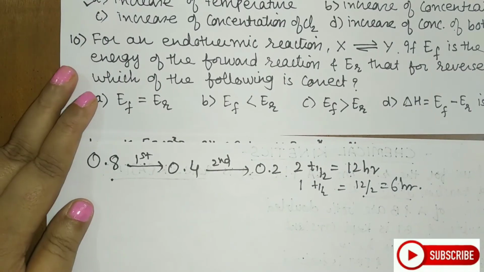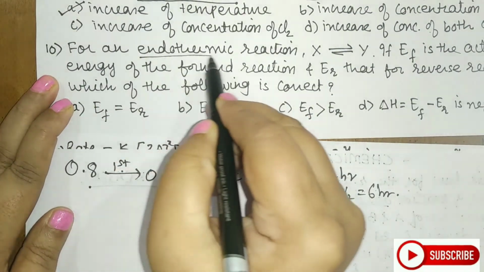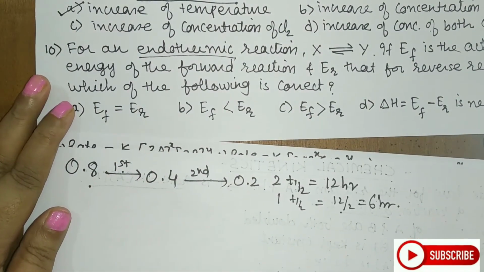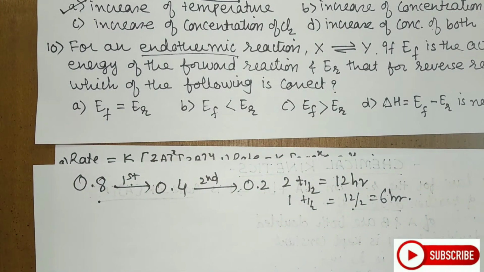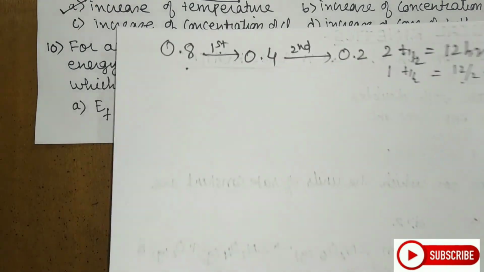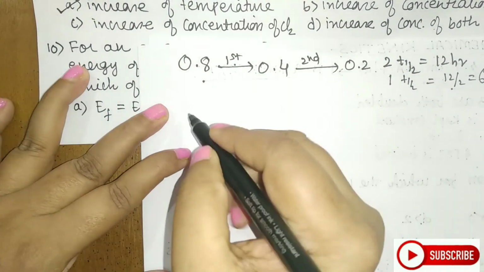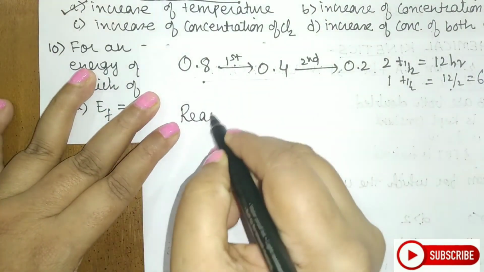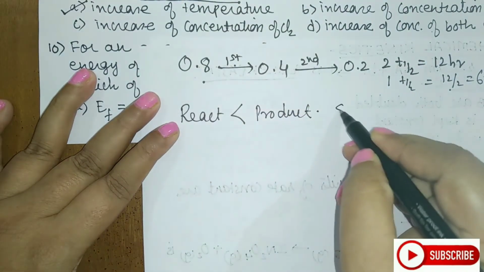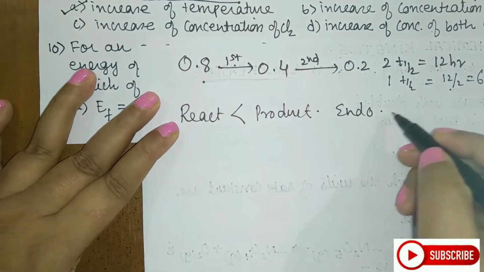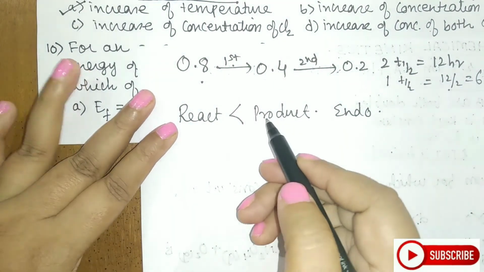Come to the last question. For an endothermic reaction, what is an endothermic reaction? A reaction in which heat is absorbed by the system to proceed. Now, if heat is absorbed, you know that the enthalpy or the energy of the reactant must be less than that of the product. It means during an endothermic reaction, reactants are more stable as compared to products.